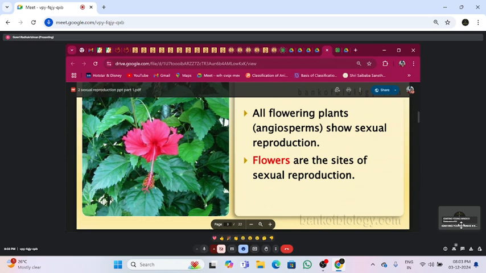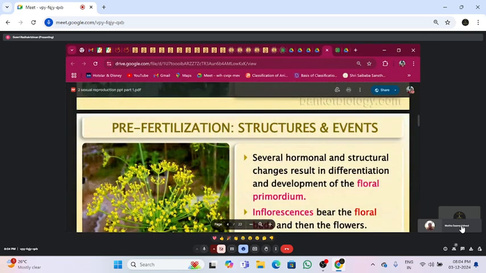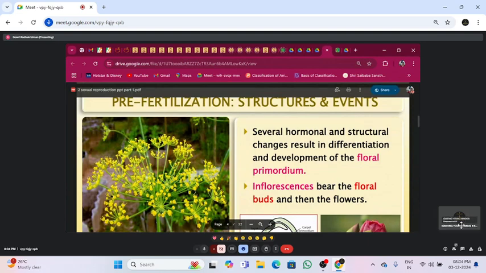We may think the flowers are so colorful and are for the benefit of others to see. No, actually it's for them. They are using it for reproduction.